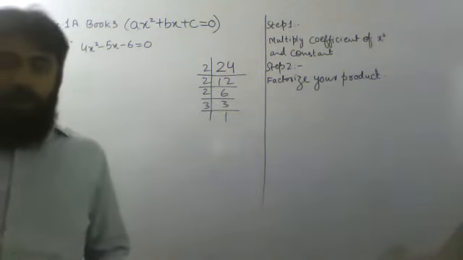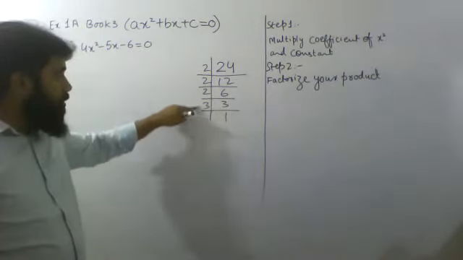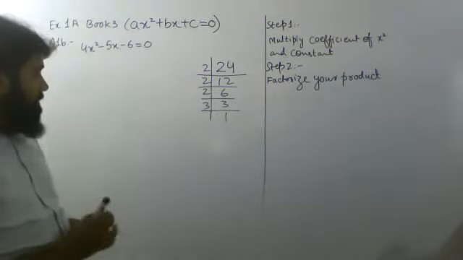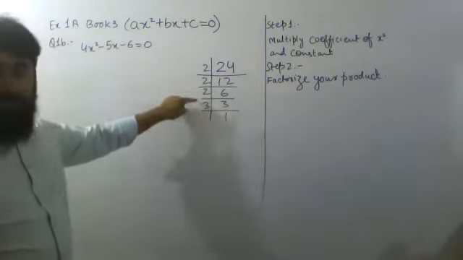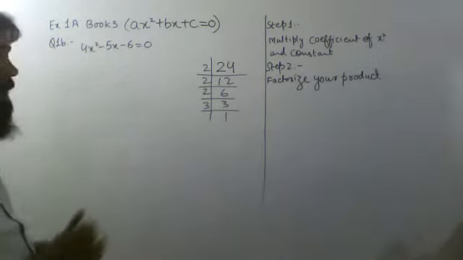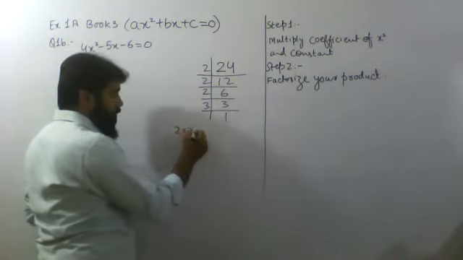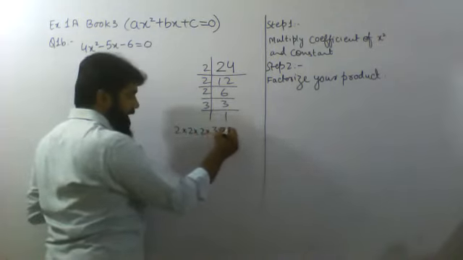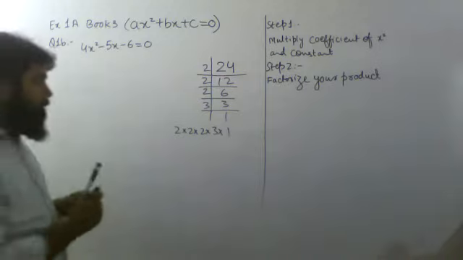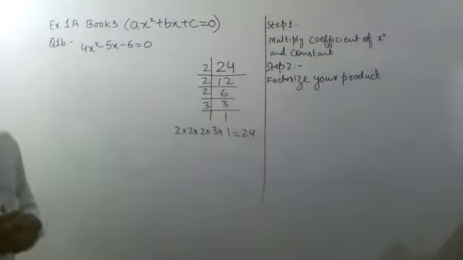Starting from lower prime numbers, going to higher prime numbers. So 2, 2, 2, and 3. Check it. 2 2s are 4, 4 2s are 8, 8 3s are 24. This is your result right now. Okay. Now, what will I do? 2 into 2 into 2 into 3 into 1. This whole thing is coming 24.